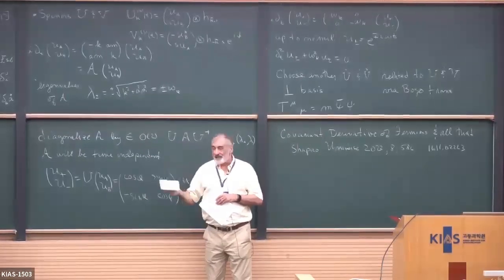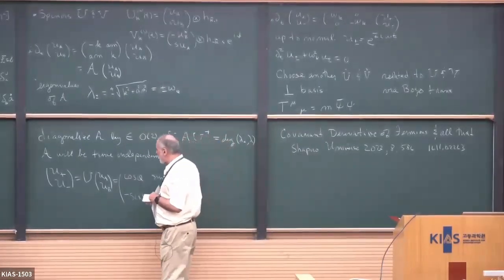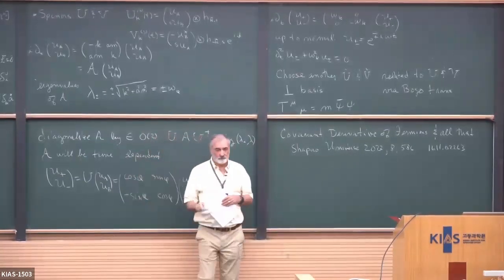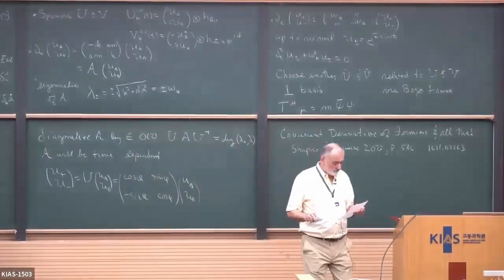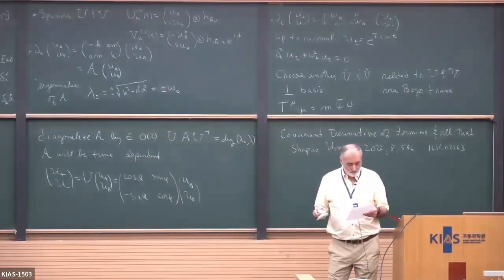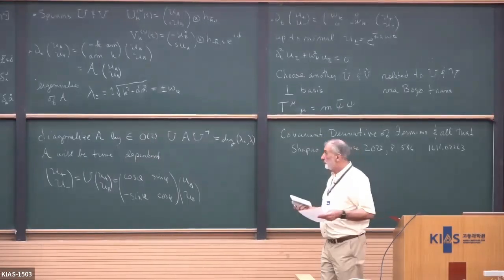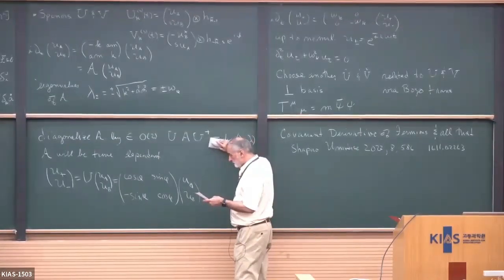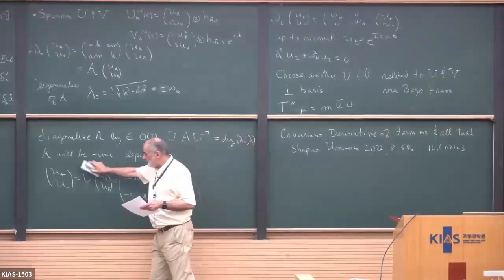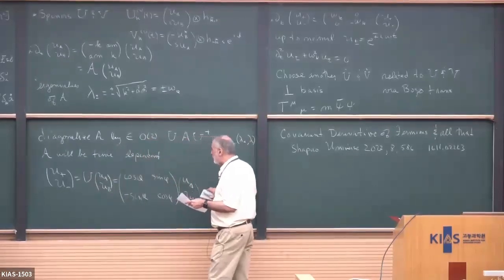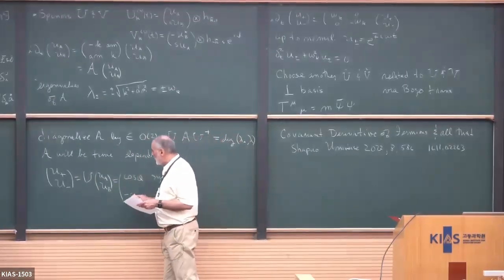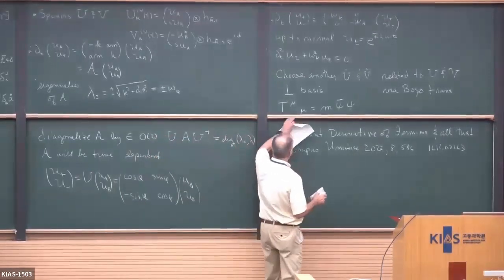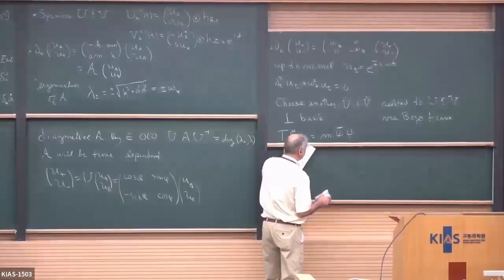So the matrix that diagonalizes the field equation will be time dependent. So we're still going to have this equation, but now this is going to be a little bit more complicated because A is time dependent. So now let me follow that through.